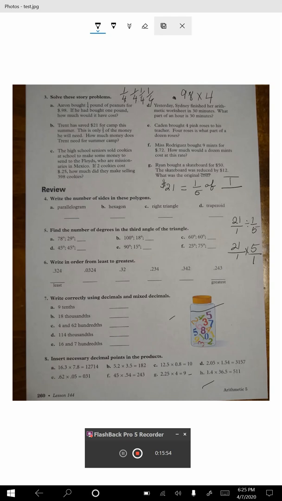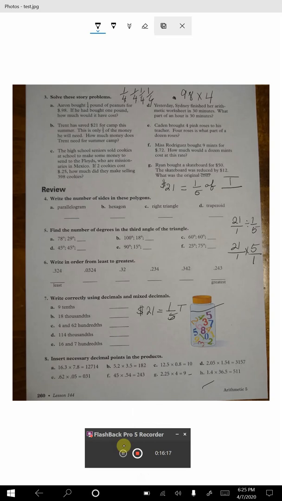I want to try one more thing though. Let's say we set it up like an algebra problem. So if we have $21, it equals 1/5 of the total. So what does it look like you do here? Remember, we want to get t by itself. I just picked t for total. It doesn't matter what you pick.